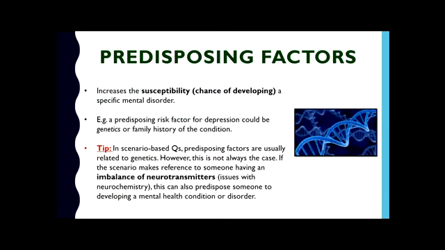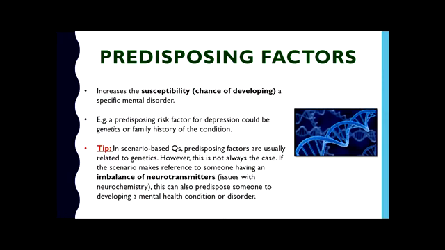However, if there is no talk about genetics and it just says something like Tim has an imbalance of GABA in his brain, or Tina has an imbalance of serotonin in her brain causing her to have depressive thoughts, that imbalance of neurotransmitters, or what we call neurochemistry, also falls under predisposing factors.